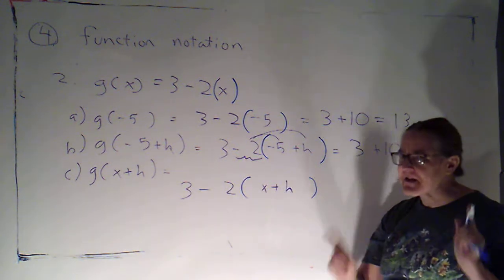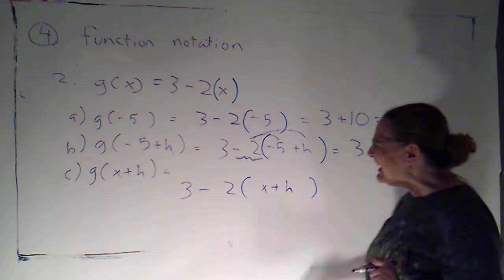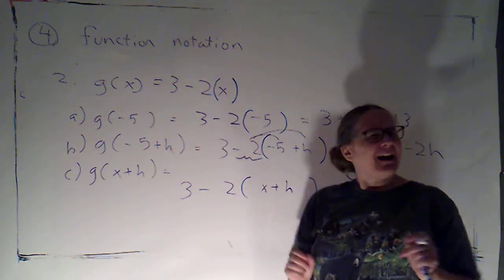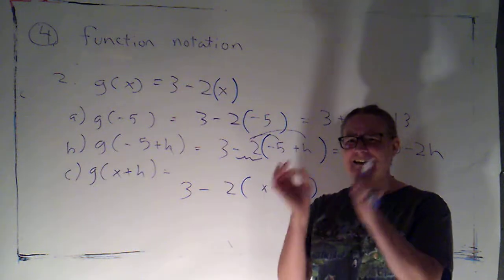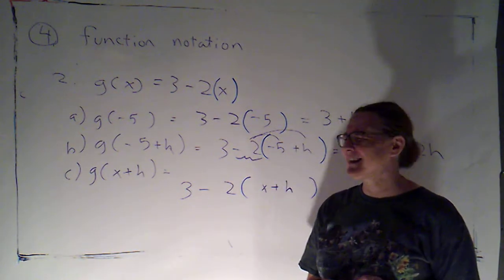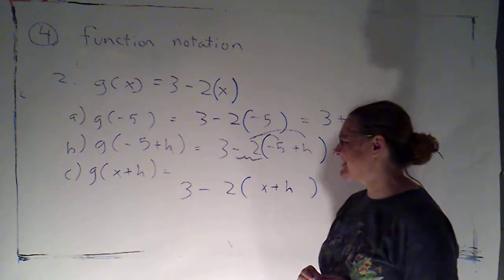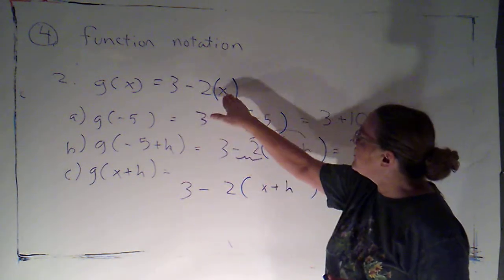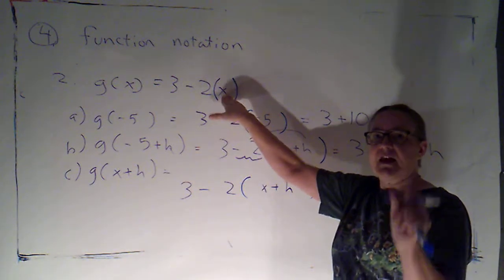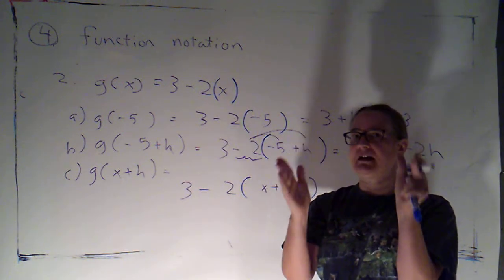Now that feels a little bit weird because I'm plugging in x plus h for x. I'm not saying that x equals x plus h and then trying to solve for what x is, because that just doesn't make any sense unless h is 0. I'm remembering that x here was just a placeholder for my input.